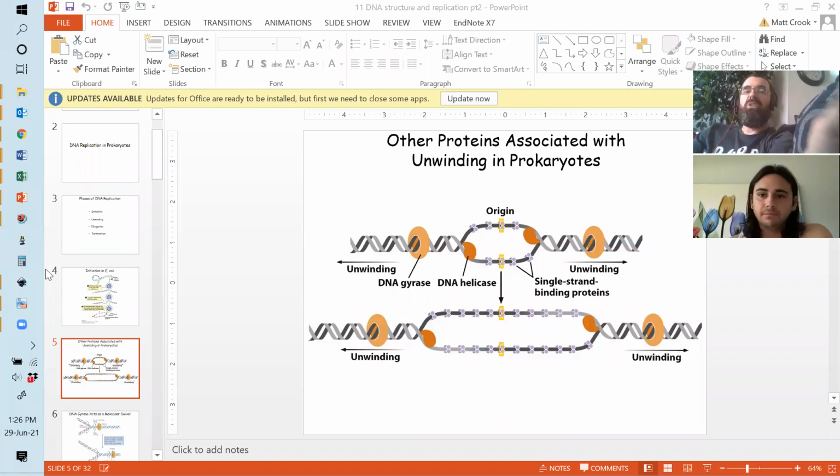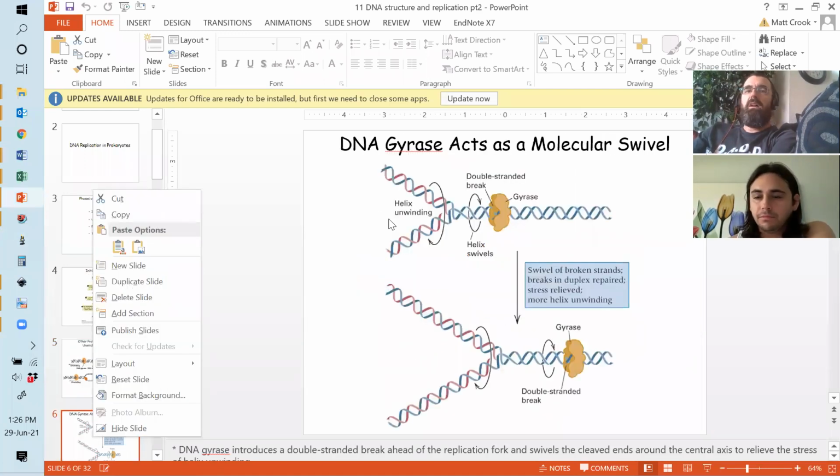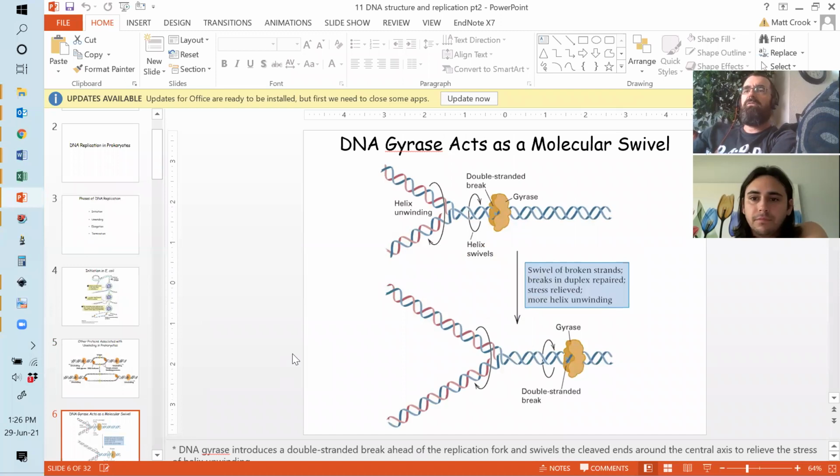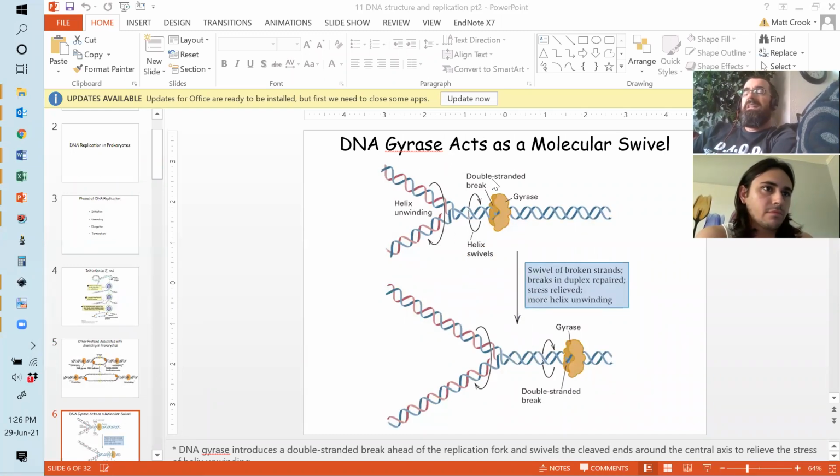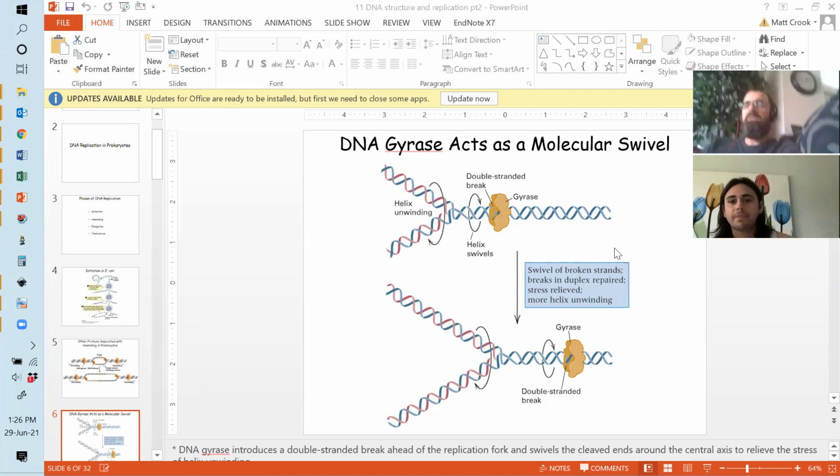They basically relieve the supercoiling. In bacteria, they're often called gyrases. It's the same thing, part of the same family of enzymes. And there are different ways DNA gyrases, or topoisomerases, can do this.